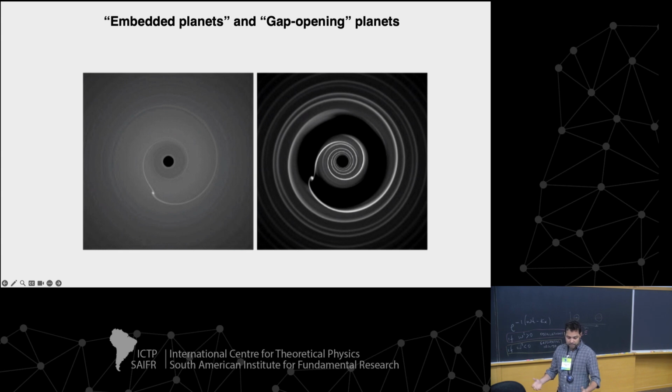People have been looking for objects like that. In fact, Dave Kipping claims to have found one. He was originally looking for moons, that's his main thing, and he found an object that is a super Jupiter planet with a quote-unquote moon of Neptune mass. Would you call it a binary planet?